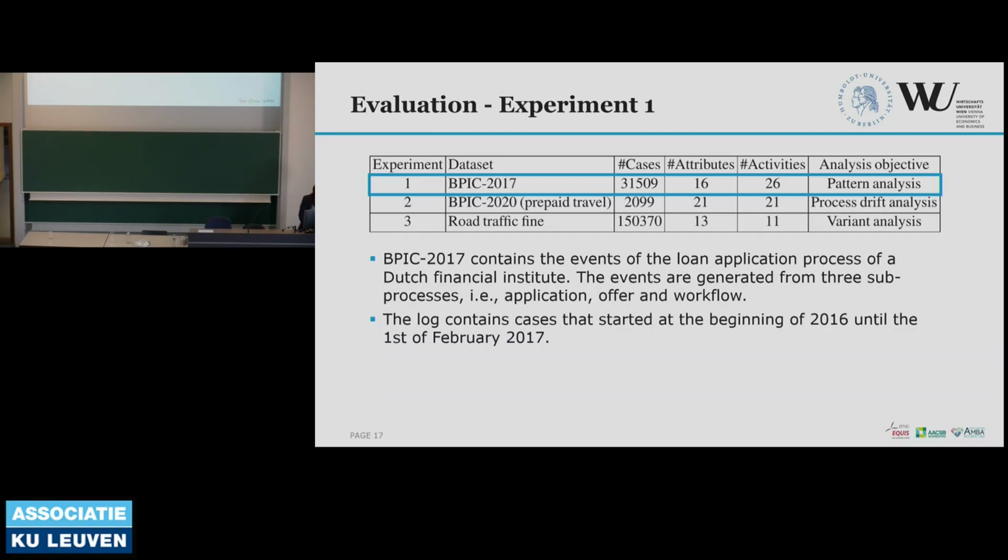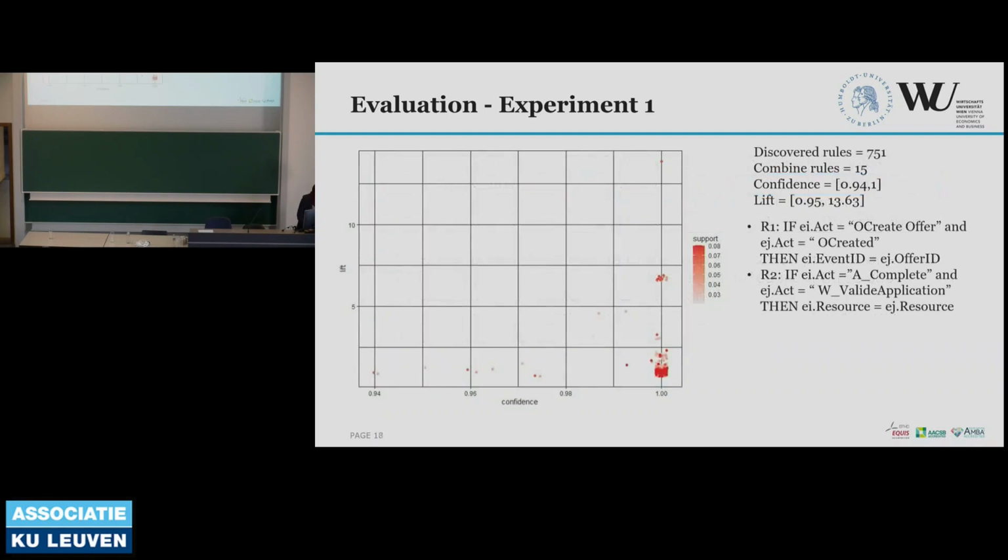And we found in BPI 2017, which is covering 3 sub-processes, application, workflow, and offer, that 14% of the cases of the events we have are following rule 1, and that only justifies the correlation between these 2 types of events. And that will help: if we know this rule and we apply this business rule over an uncorrelated log, that will increase the accuracy of finding the correlation by 14%.